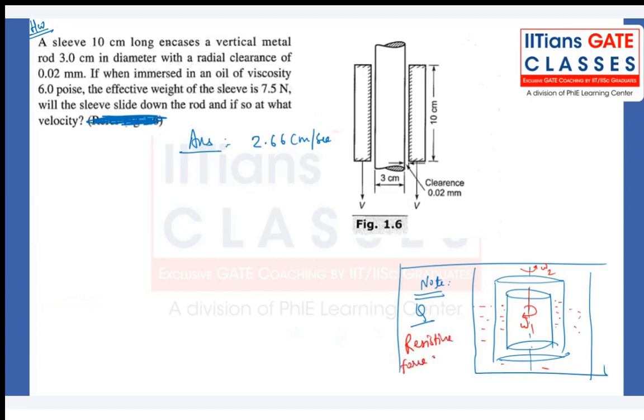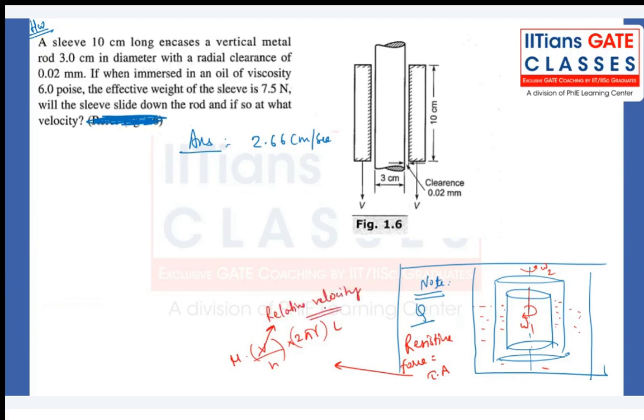So when you write the resistive force, shear stress into area, in that shear stress you can write mu into V, whatever V we are writing, into 2 pi, whatever the radius is there, into L. This is actually the relative velocity.